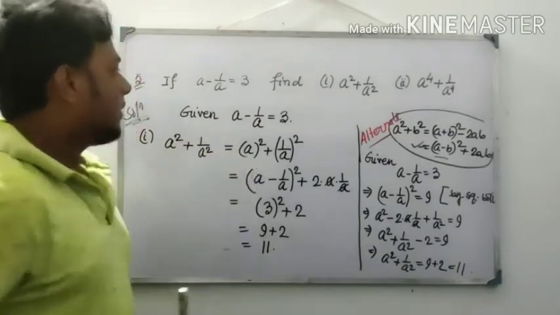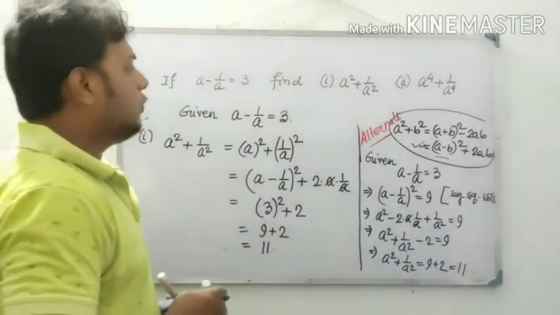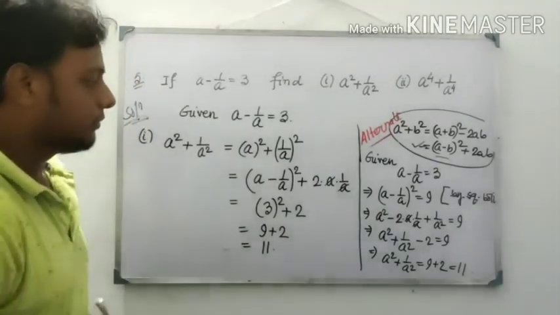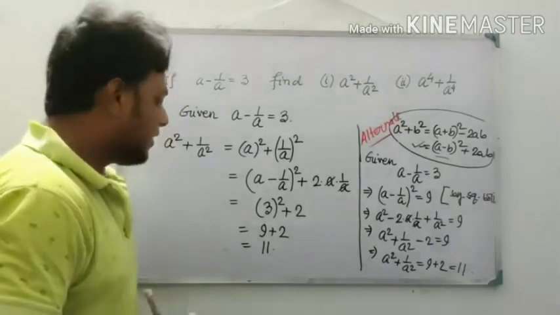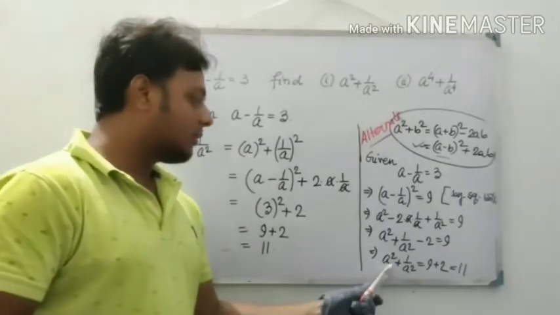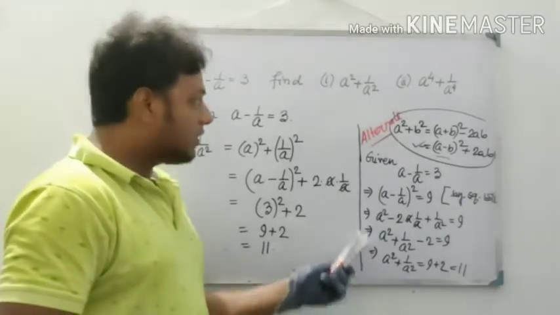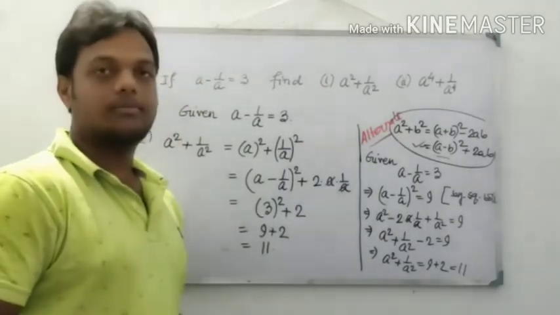So this was the first problem, and for the second problem, a to the power 4 plus 1 by a to the power 4. To calculate it, we need the value of a square plus 1 by a square. We have to use the value of the first one.